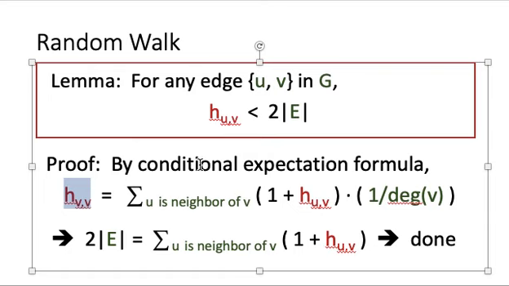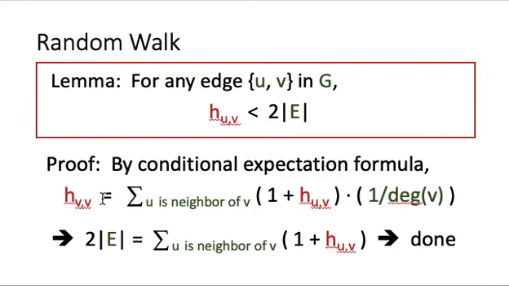There will be one step to move to a neighbor, let's say U, and then after that, if we are at state U, it takes HUV steps to go back to V. So in order to go from V to V, it takes one step to move out to one of the neighbors, and then HUV to go from U to V. The chance for this happening is 1 over degree of V, because each neighbor of V has the same chance to be moved to from the current state V. So HVV can be expressed like this.